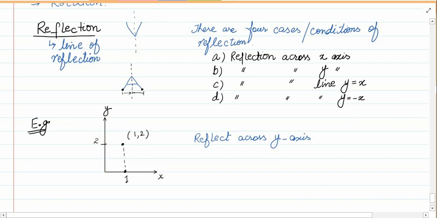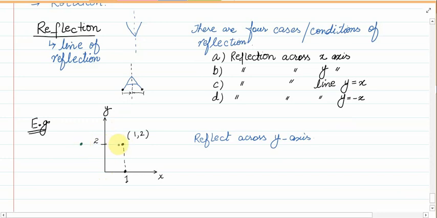Now in your mind it will be clear to you that this point after reflection will go somewhere here, right? Because this line is the middle line of these 2 points. Now next thing you need to know is what are the coordinates of the new point.